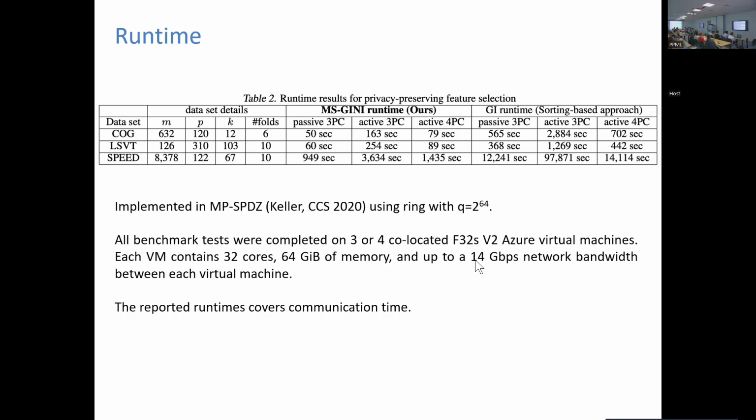As I mentioned before, if you pick passive 3PC and move to active 3PC, you have some performance loss, which can be improved if instead of using only 3 parties in the case of malicious adversaries, you use 4. Essentially, in the active 4PC scenario, the running times are less than twice the running time of passive 3PC.